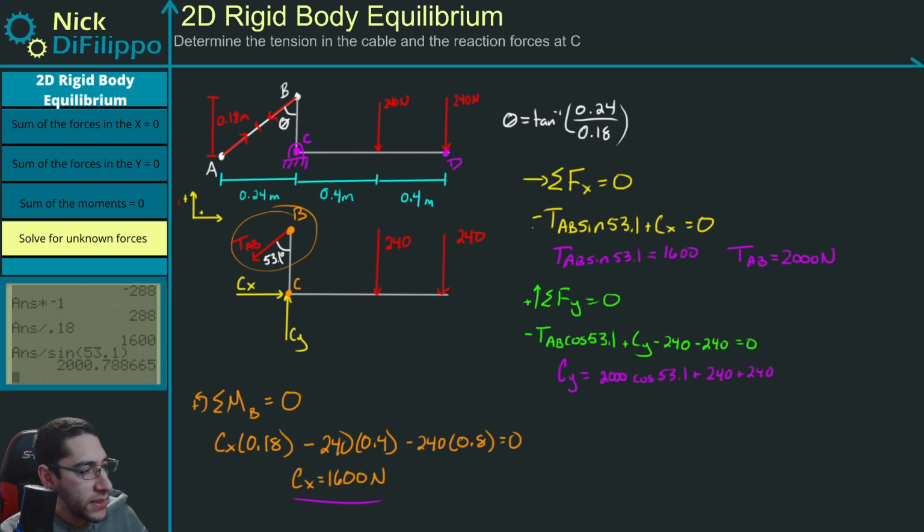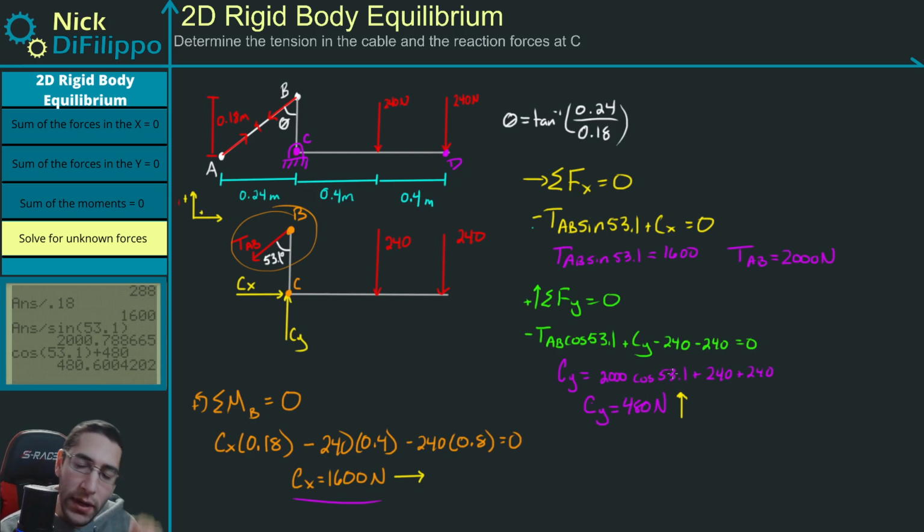So if we have 2,000 times the cosine of 53.1 plus 480, we get that Cy is equal to 480 newtons. Now, Cx is positive, so it is correct. It is pointing to the right. Cy is positive, so it was also a correct assumption that it is pointing upwards. And these are your answers.